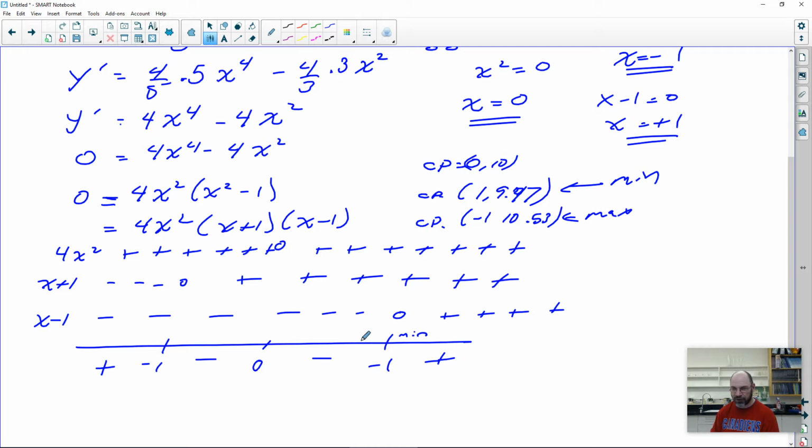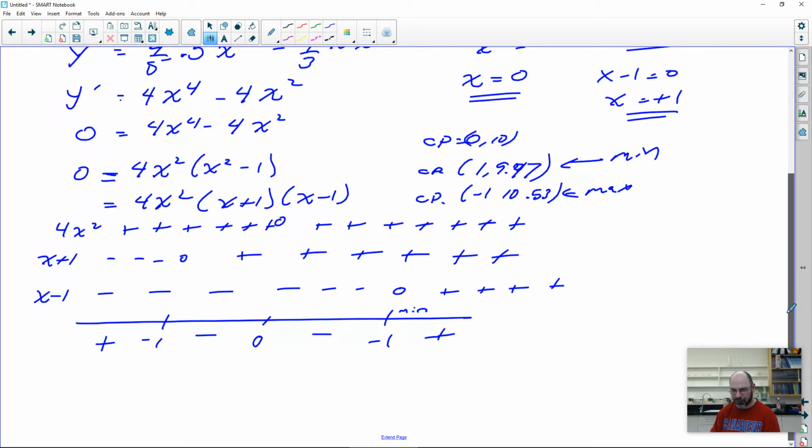Okay, so areas of increase and decrease are our last little bit. So in here, it's increasing from -infinity to -1, and then from +1 to positive infinity.